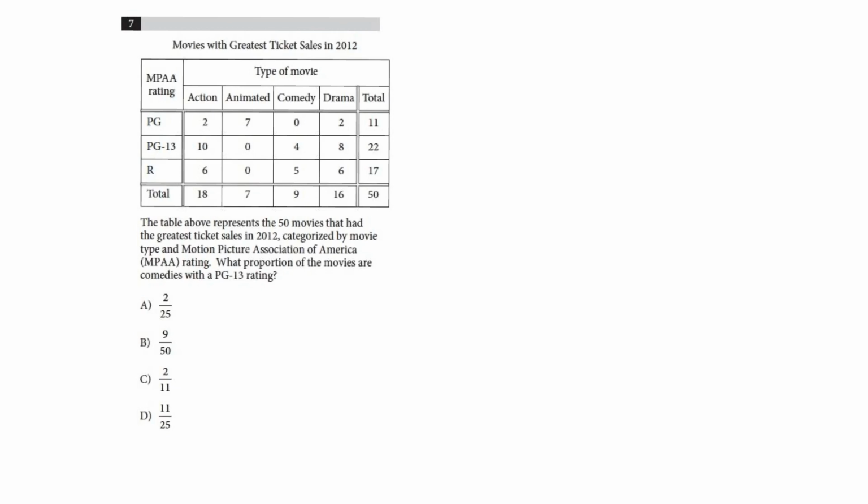So let's look at the total number of movies, which is 50, and we're looking for comedies with a PG-13 rating. That's going to be this one, so it's going to be 4 out of 50, or 2/25.